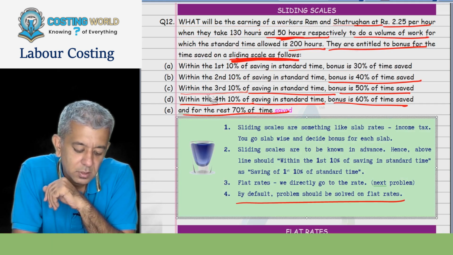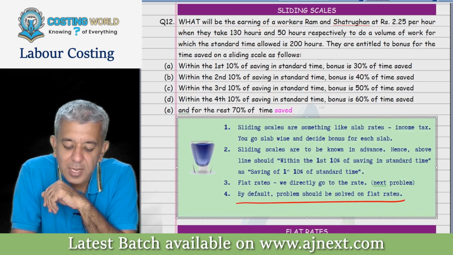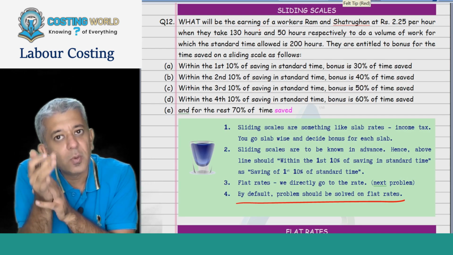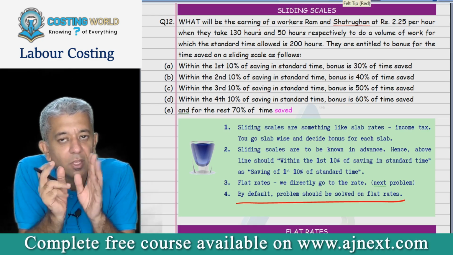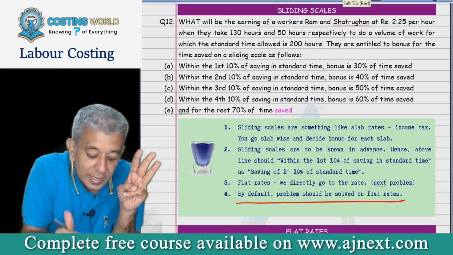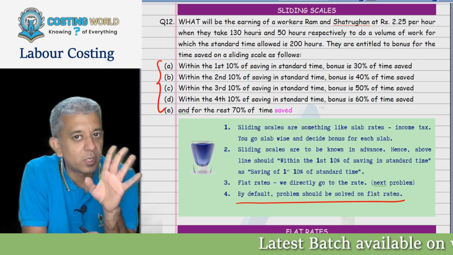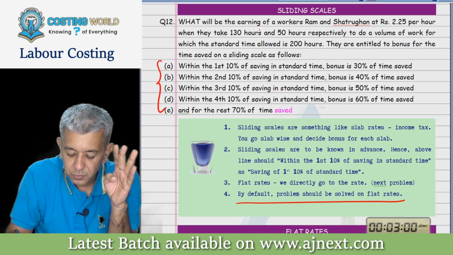Sliding scale. So you cannot directly go to the last one. You have to pass through all the slabs and then go to the next one. I'm giving you all 3 minutes maximum. Read, understand, take your calci, compute. That is the only thing that you will have to be doing.